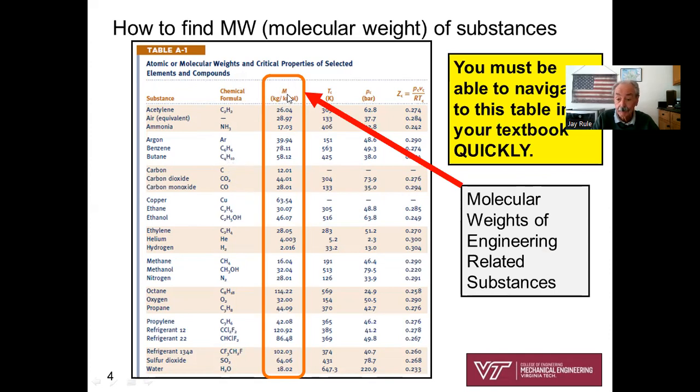The textbook calls it M; I call it MW, molecular weight, of a bunch of substances related to our engineering situations. Be sure you can get to Table A-1 so you can quickly determine the molecular weight for any substance you might have on a homework problem, quiz, or test.